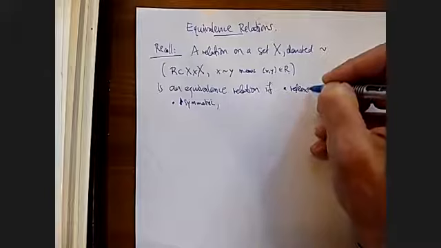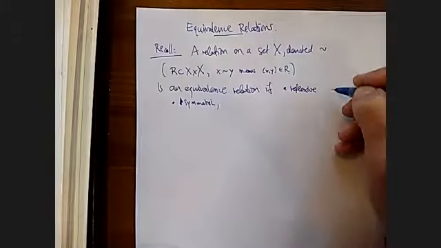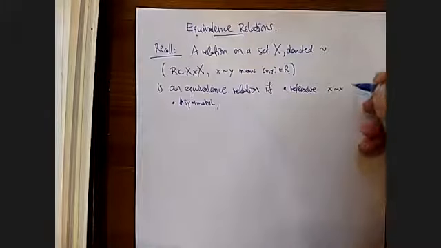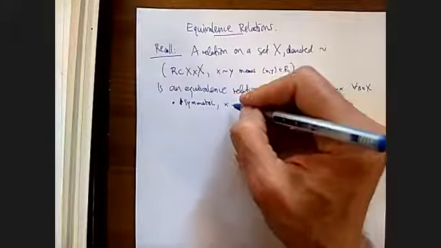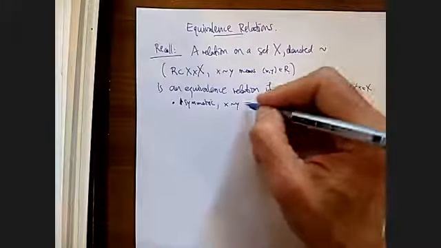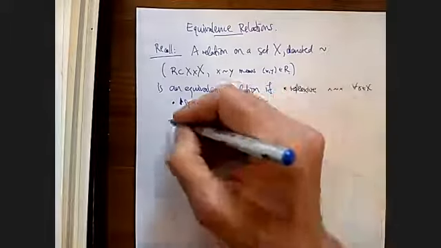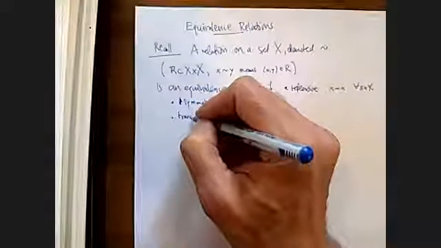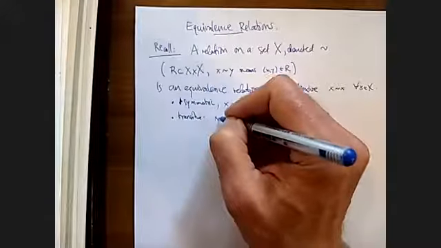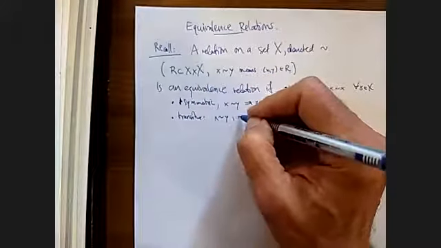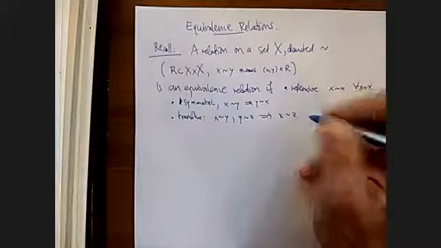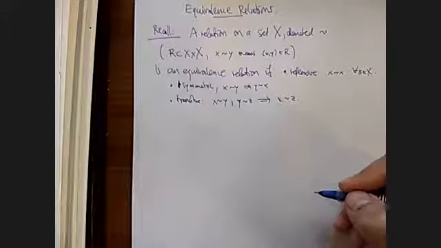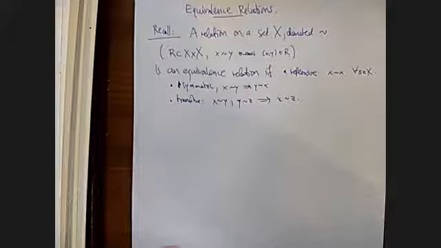They're always written in the correct order. Reflexive means X is equivalent to X for all X in the set. Symmetric means that X is equivalent to Y implies Y is equivalent to X. And transitive, X is equivalent to Y, and Y equivalent to Z implies X is equivalent to Z. So those are the three properties: reflexive, symmetric, and transitive.